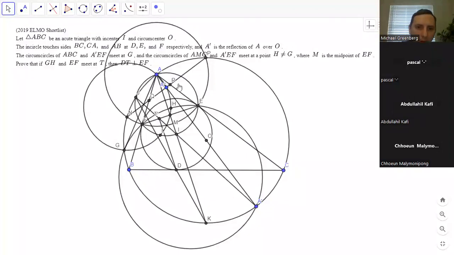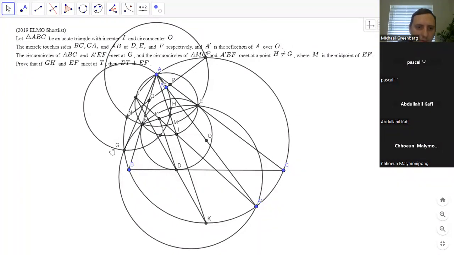So we want to show A prime, H, M is cyclic, but H is, there's just so much going on here, it's confusing me. A, M, G. Oh, we want to show A prime, M, G is cyclic.